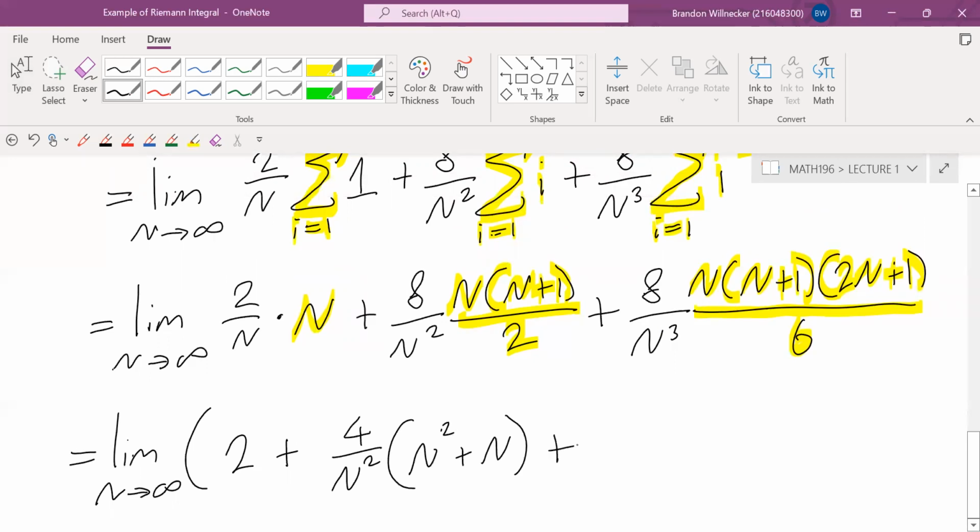Plus 8 over 6, we can divide top and bottom by 2. So that gives us 4 over 3n cubed. And then at the top, we still have an n.